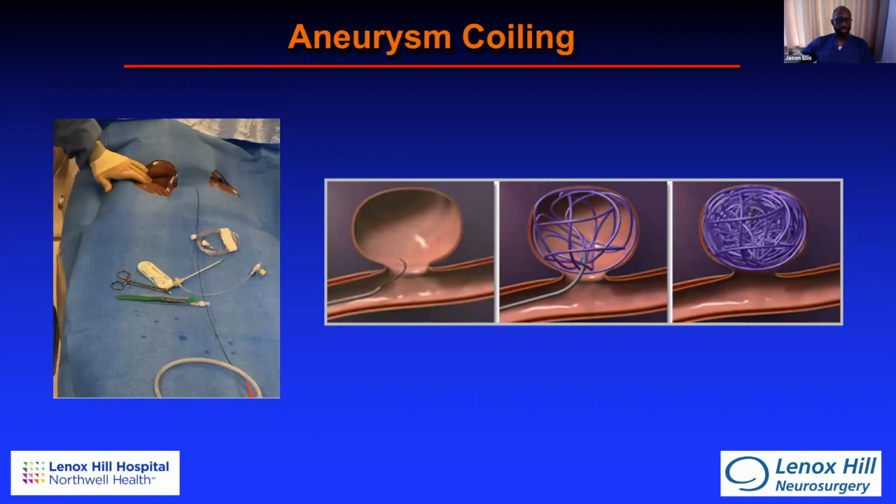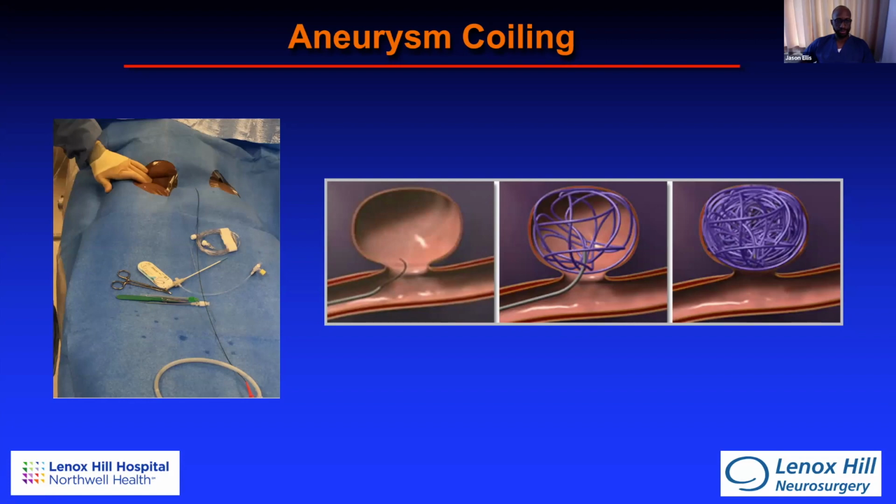The other strategy that can be utilized to treat aneurysms is coiling. Coiling traditionally goes through the groin to enter an artery, and that allows catheters to be guided up to the head, and little GDC coils, these are metallic coils, can be deployed into the dome of the aneurysm to prevent further blood from entering.